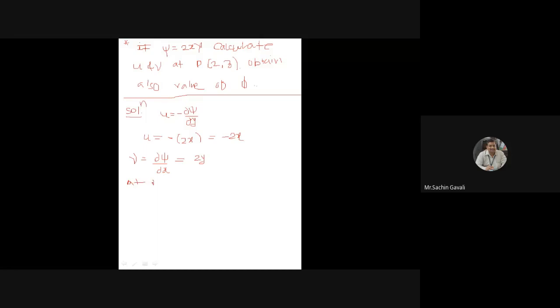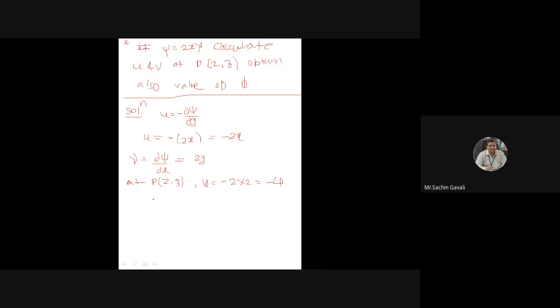At P (2, 3), here u is equal to minus 2 into 2, it is equal to minus 4.